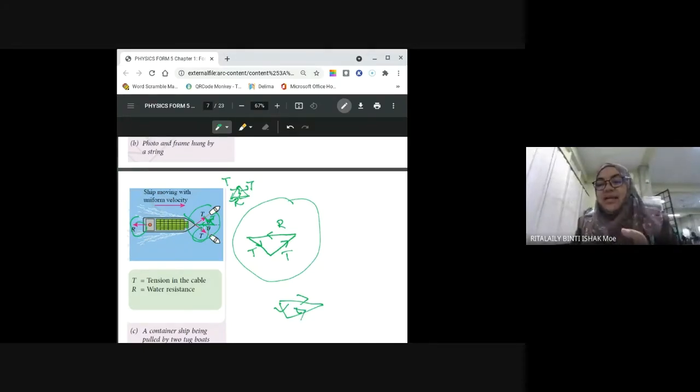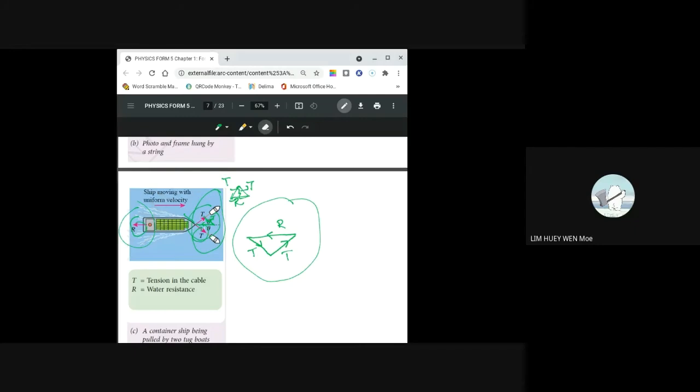Dia ada direction, beza dari segi direction is this one, and this one. Dia macam ada direction towards somewhere kan. Tapi yang ni tak ada. Dia cycle. Because T dengan T ni dengan R ini adalah sudah cancel off each other. Okay? Boleh faham tak? Ke atau masih kurang jelas? Ya, Warren? Boleh? Boleh. Okay.